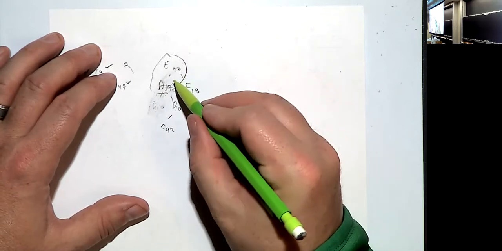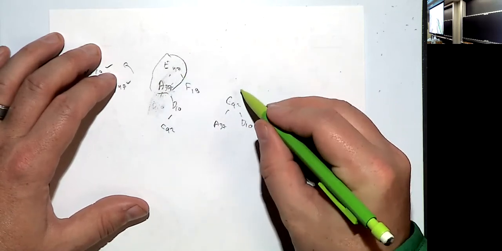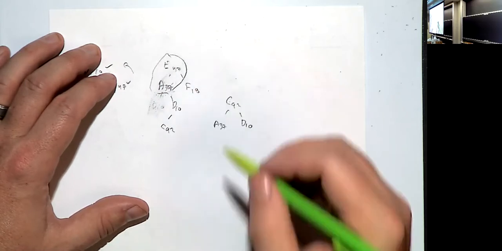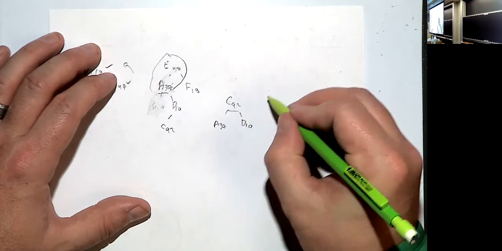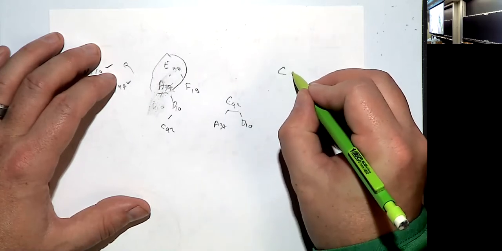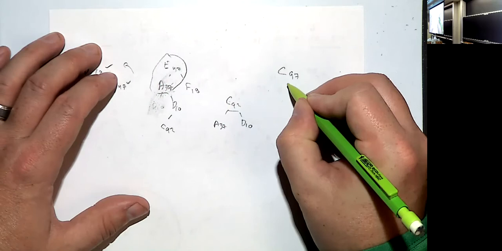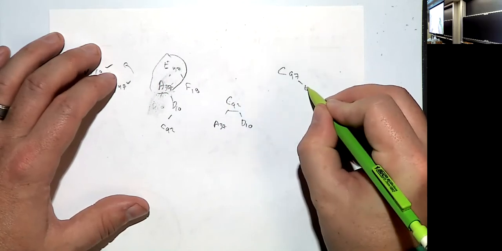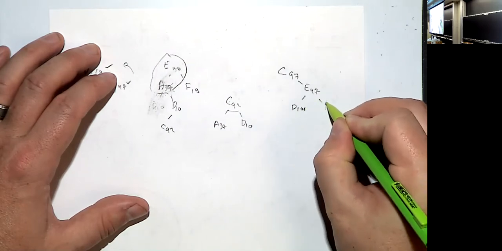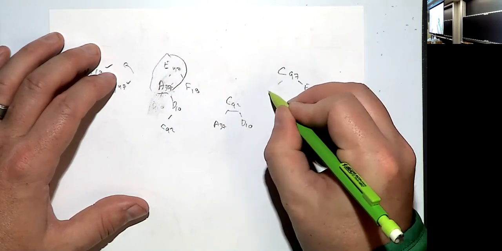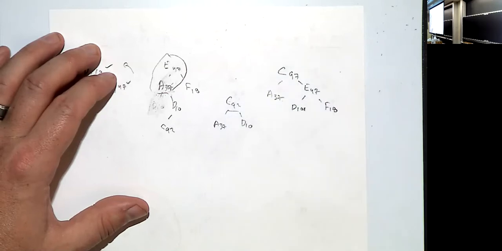And then we have to consider what's going to happen with E. So C is going to move up, E is going to become the right child of C, and D will become the left child of E. So this would be C, and then this would be E47, D10, and F is going to still be F18, A37 will be over here.